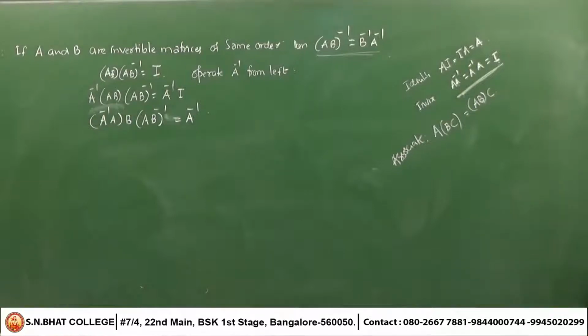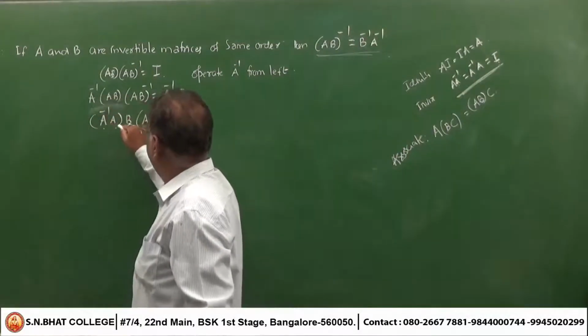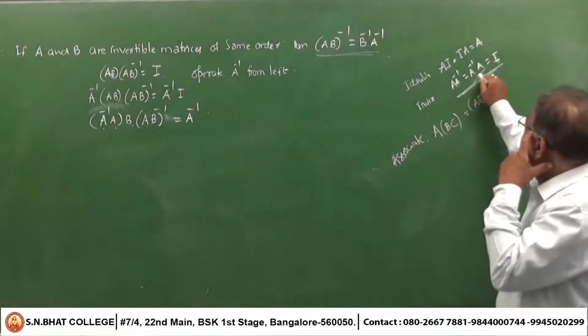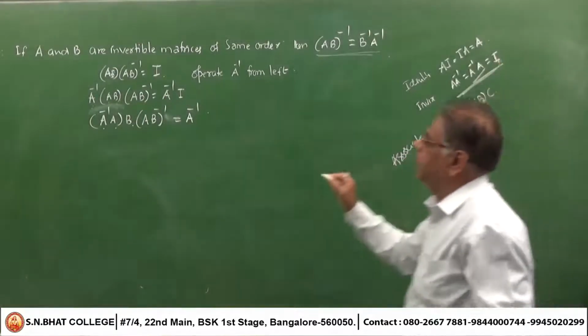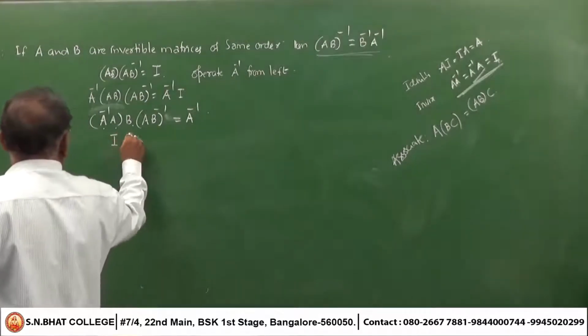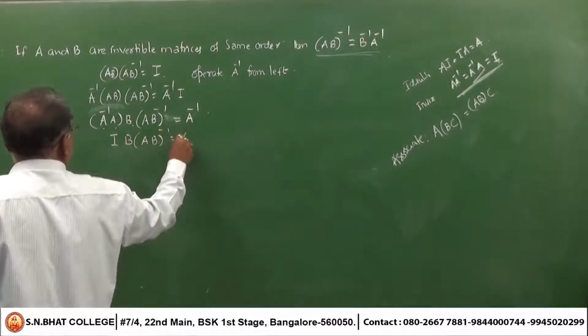Next, apply the associative law. A into BC is equal to AB into C. Now, A inverse into A is nothing but I. Replace this by I, into B into AB whole inverse is equal to A inverse.